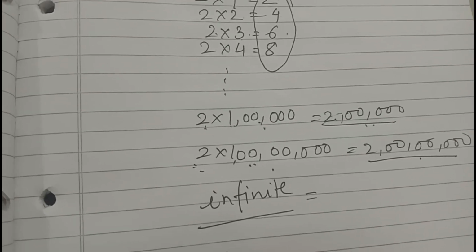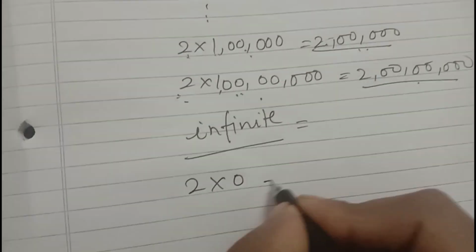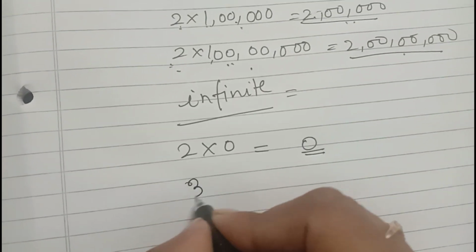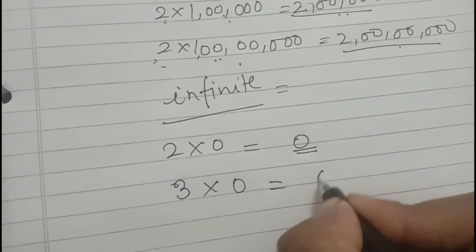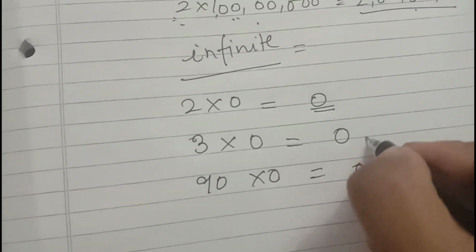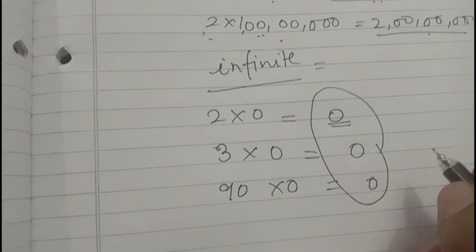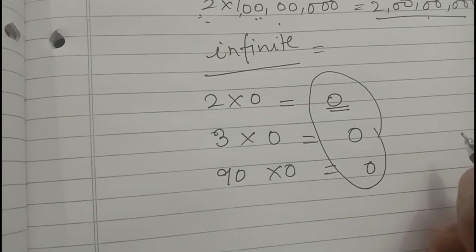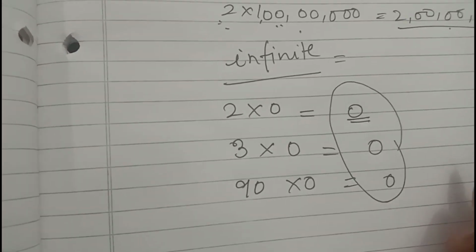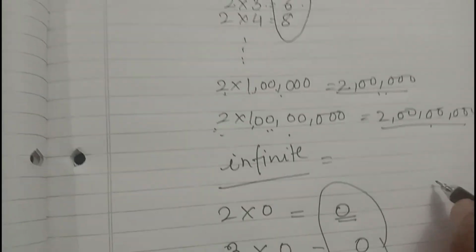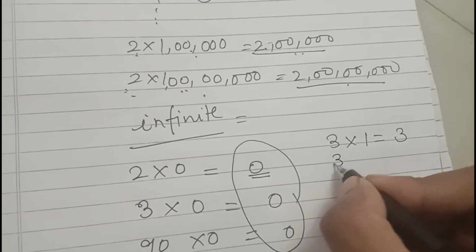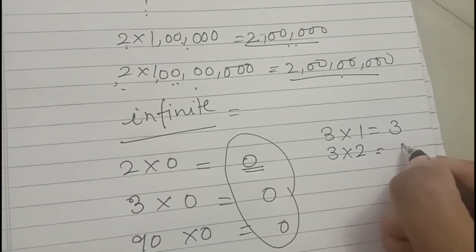Second thing, if you multiply any number with 0, the multiple becomes 0. 3 multiplied by 0 equals 0. 90 multiplied by 0 equals 0. That means 0 is a multiple of all the numbers. Now, 3 multiplied by 1 equals 3. 3 multiplied by 2 equals 6.